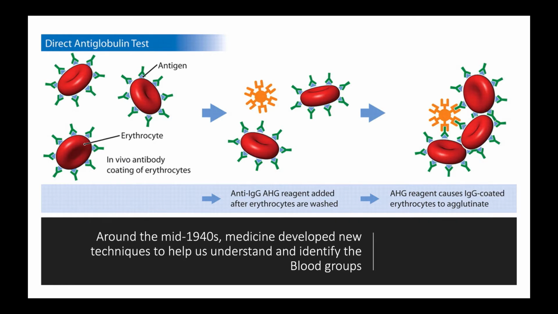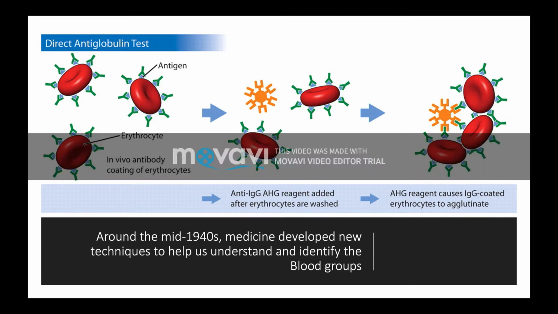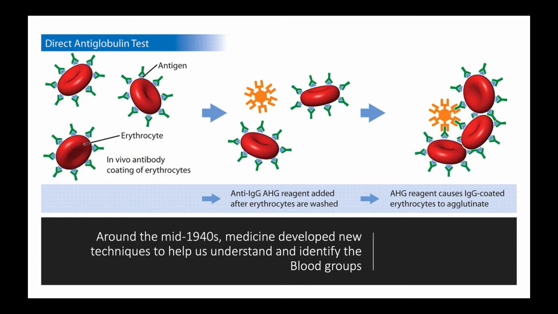In this test, the sensitization of red blood cells with incomplete antibodies takes place in vivo. The cell-bound antibodies can be detected by this test, in which antiserum against human immunoglobulin is used to agglutinate patients' red cells.